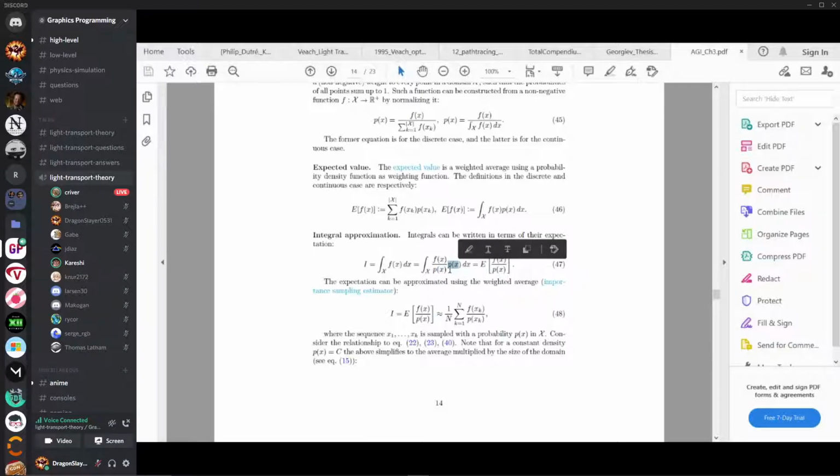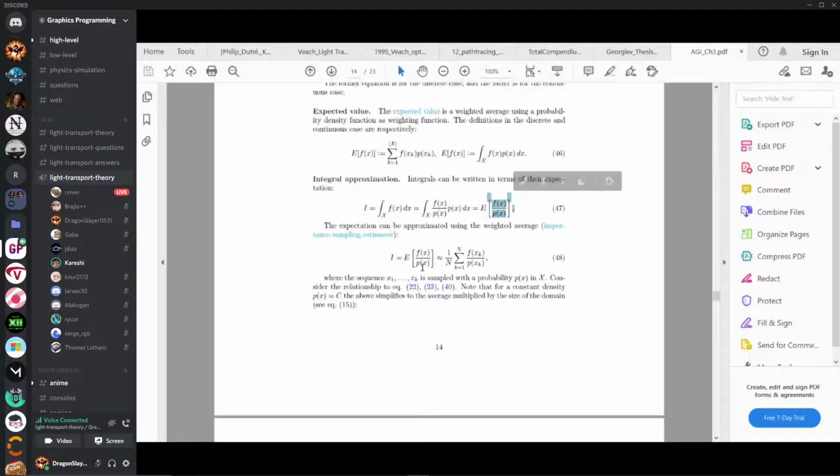It's like multiplying by 1. But this here is the definition of the expected value of this. And from probability theory, if you have random samples, you can approximate this like that, if the x_k are random numbers. So it's the same thing said in a different way, but which is valid only for random things.